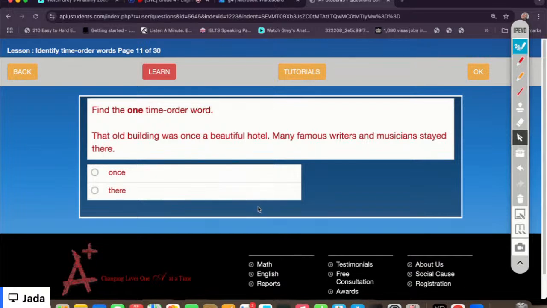What's the one time other word here? So once is the one time other word here.